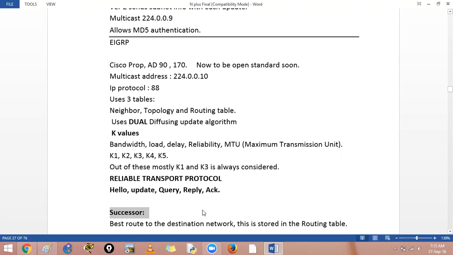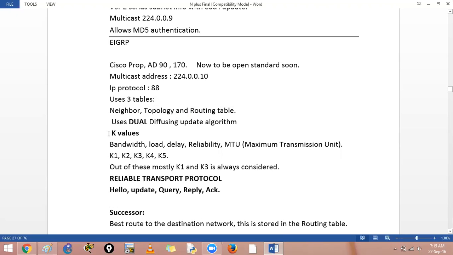Now, which algorithm does EIGRP use? EIGRP uses RTP, Reliable Transport Protocol, for communication, and it uses the Diffusing Update Algorithm, DUAL. In the diffusing update algorithm, it will use the bandwidth and the cumulative delay and calculate the best path.